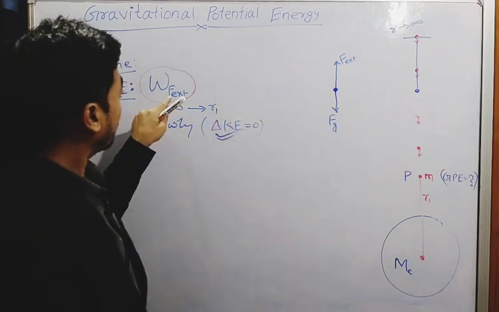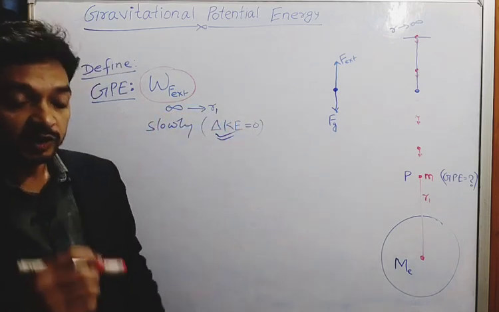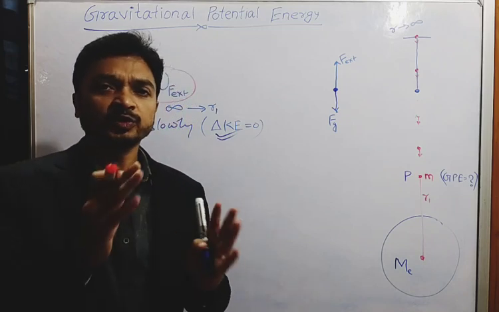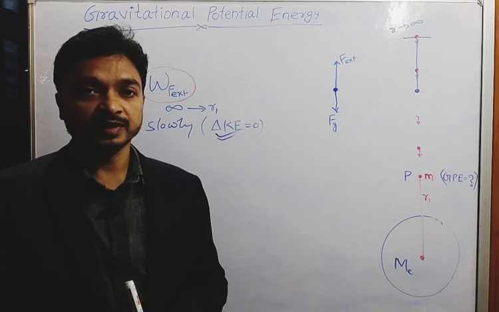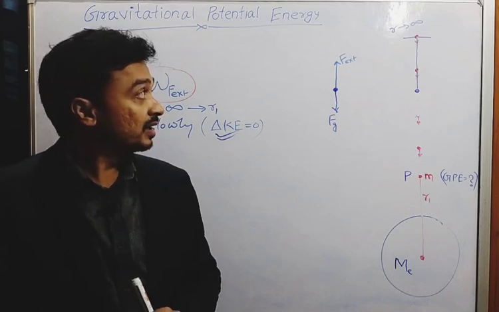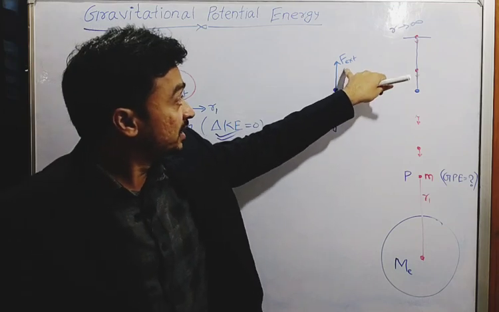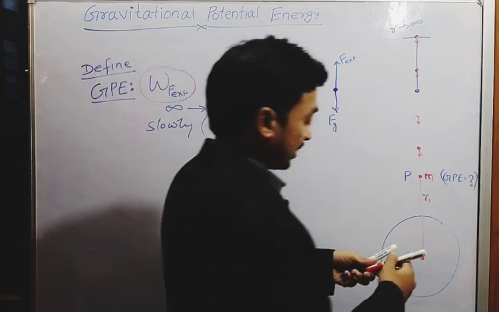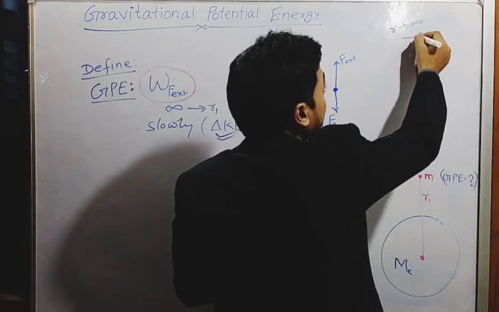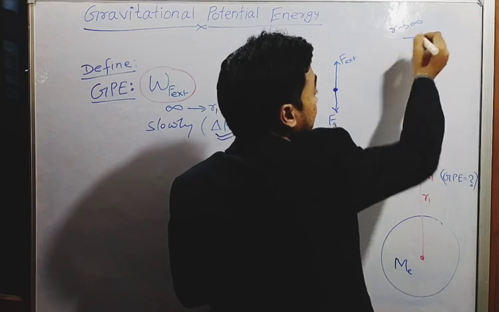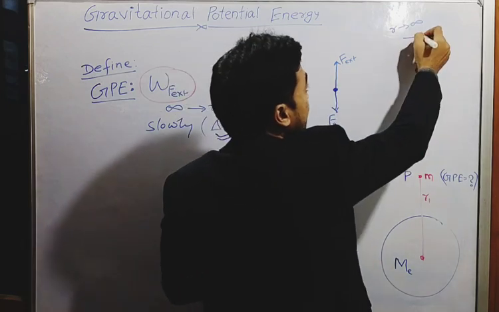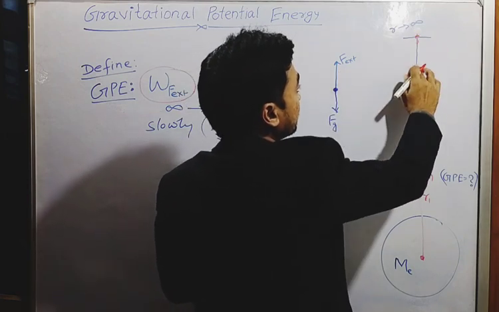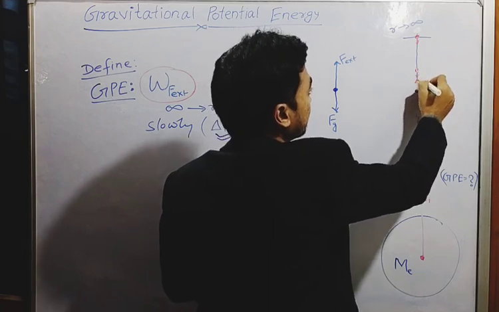Now the work done by the external force. You have studied that the work done by a constant force is force into displacement. Now we have to see if this force is constant or not. At this point, a gravitational force was acting on it in the downward direction. To balance it, we apply a force in the opposite direction.